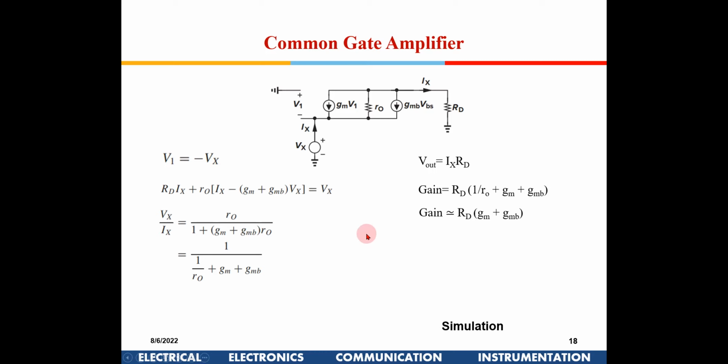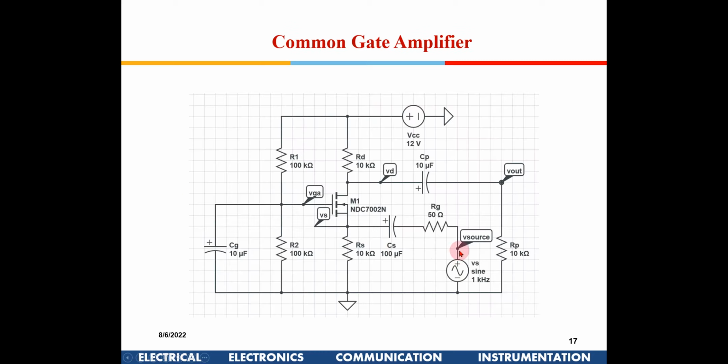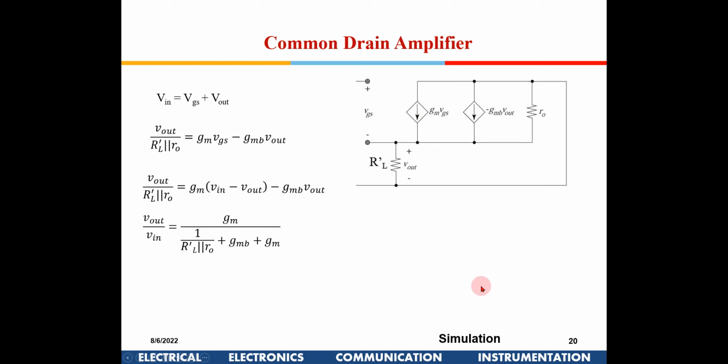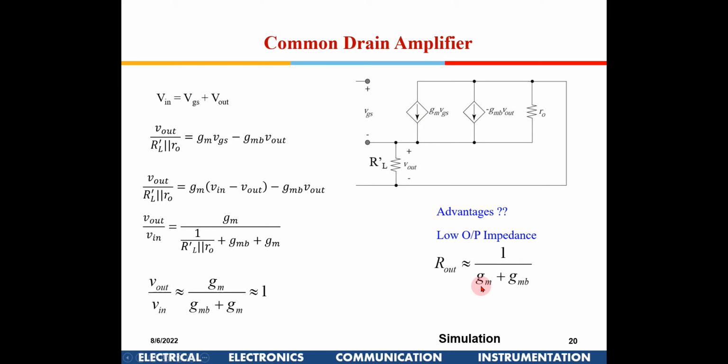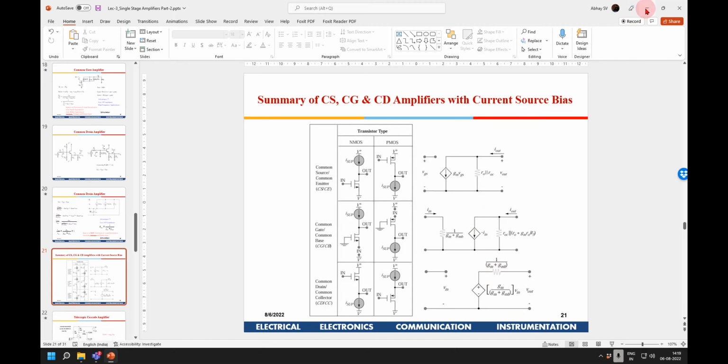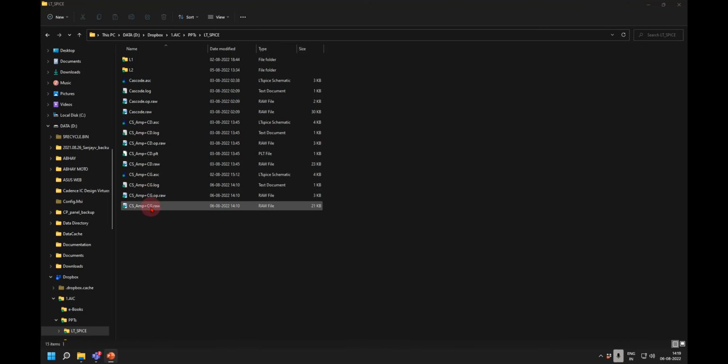This current is going from here, it will go into the load, so it is the same current. So the current gain is approximately 1 for common gate, and for common drain the voltage gain is approximately 1. Okay, let me show some simulation before I proceed further.